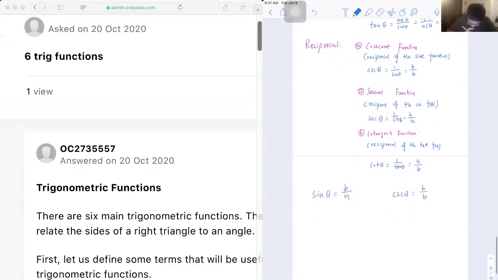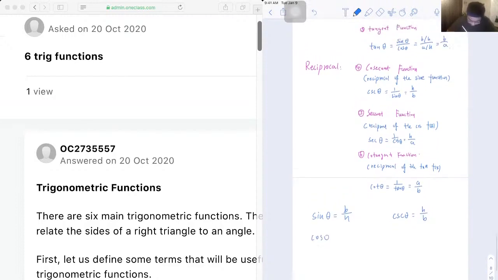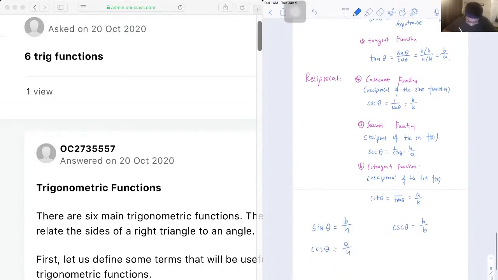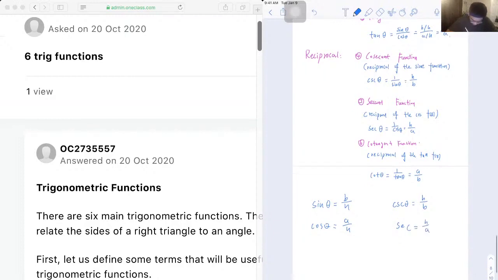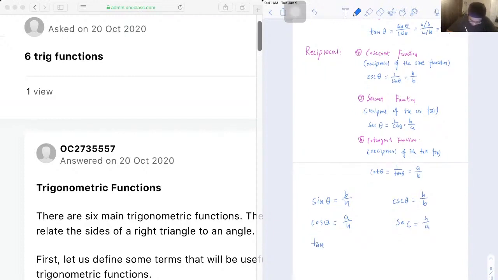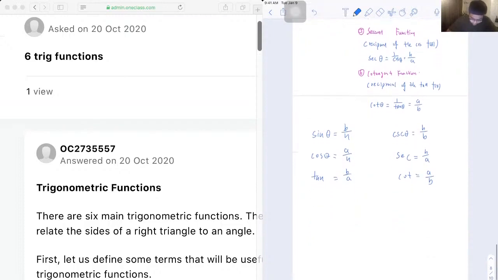And for cosine theta, it is a over h. So the secant function is just going to be h over a, and tangent is equal to b over a. So the cotangent is just going to be a over b. So that'll be the answer for this question.